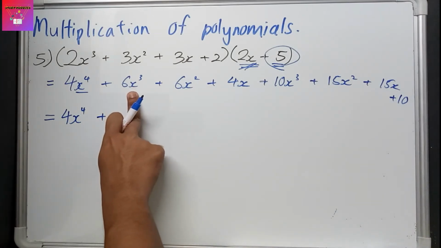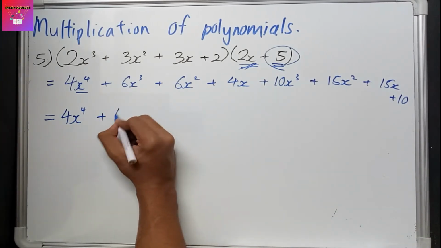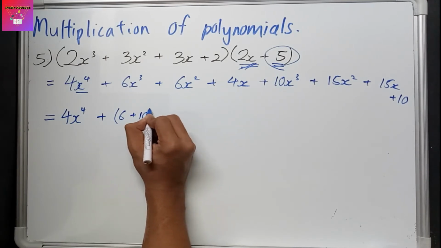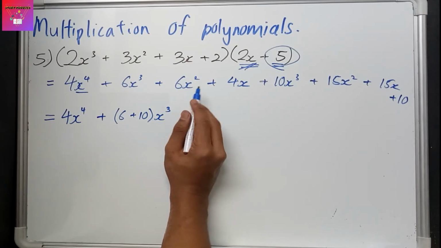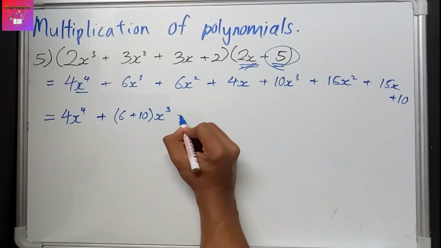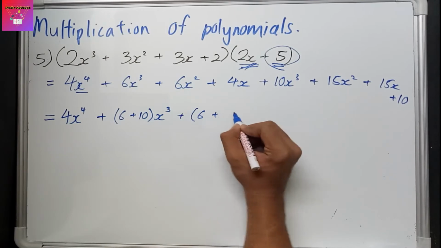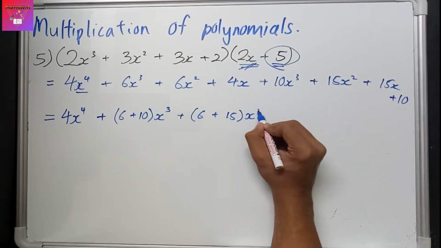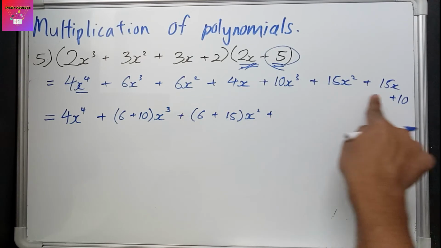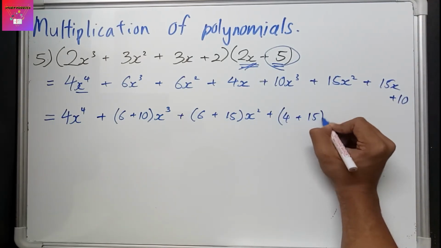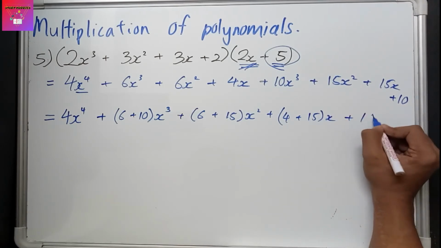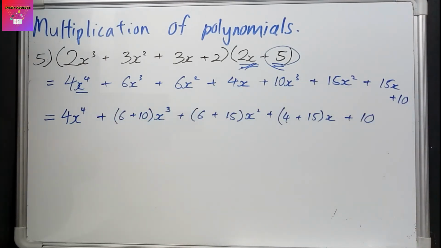So it's 6x cubed plus 10x cubed, which means (6 plus 10)x cubed. Then followed by x squared: 6x squared plus 15x squared, (6 plus 15)x squared. Then 4x plus 15x, so we get (4 plus 15)x. Plus 10, because there are no other terms with x to the power of 0, so we just write down 10 directly.